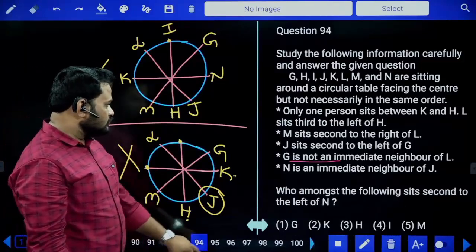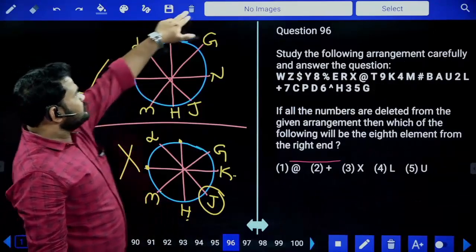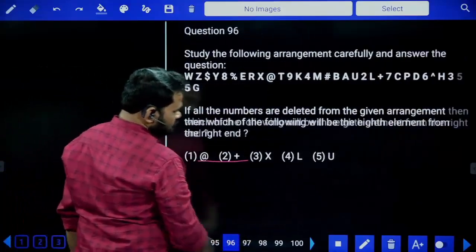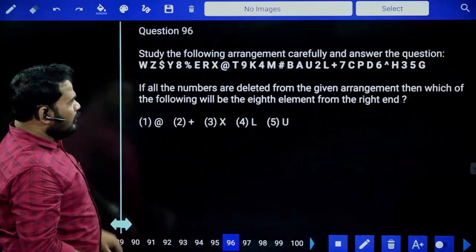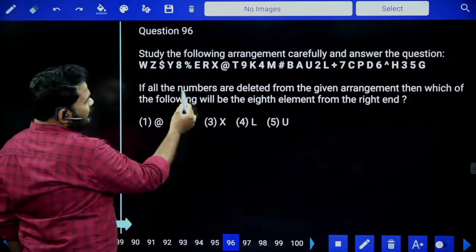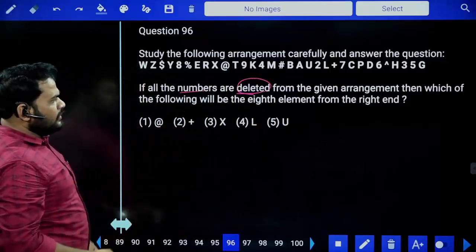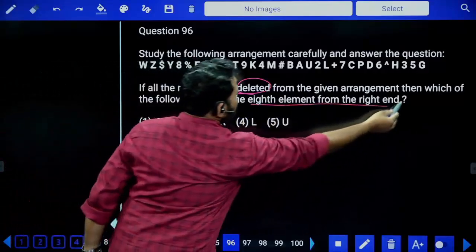Next, question 96. It is based on an alphanumeric series. If all the numbers are deleted from the given arrangement, which of the following will be the eighth element from the right end?